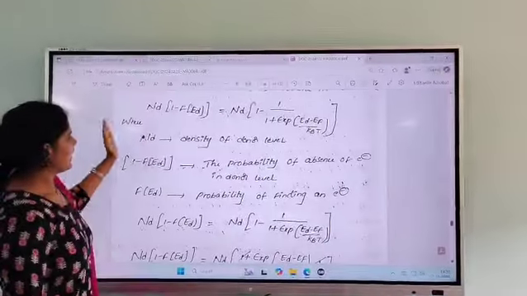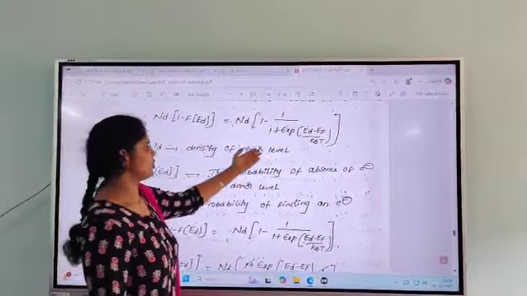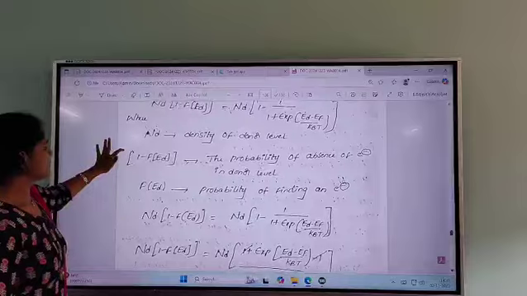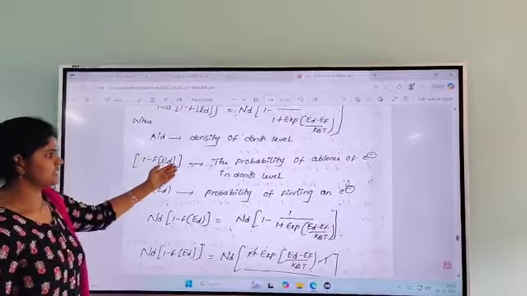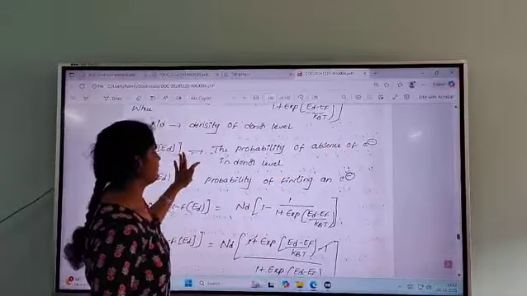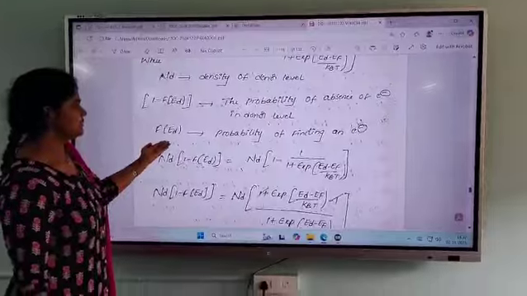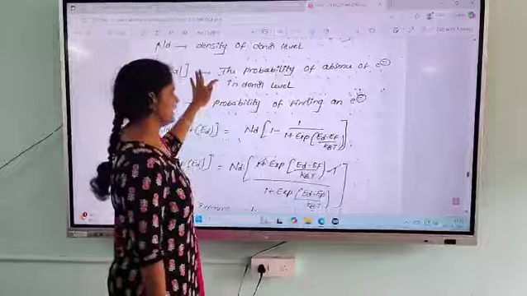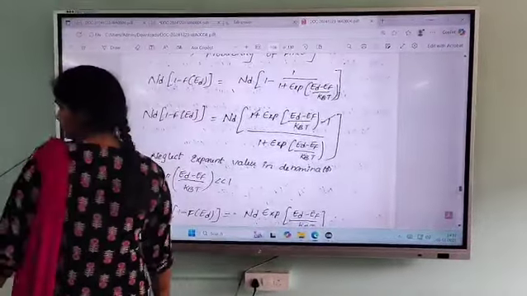Here Nd represents the density of donor level, 1 minus F(Ed) represents the probability of absence of electrons in the donor level, and F(Ed) represents the probability of finding an electron.